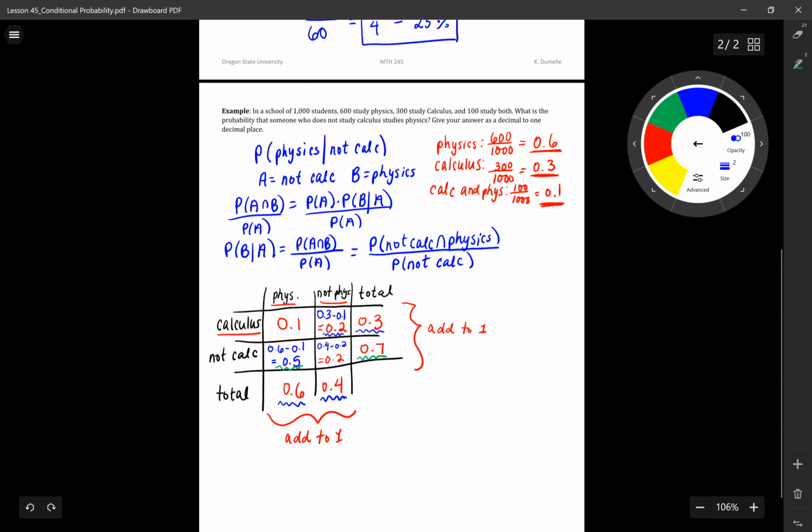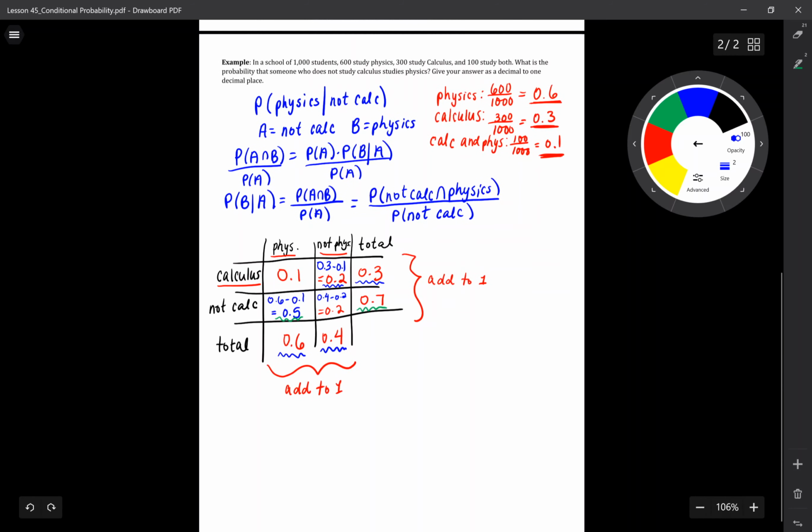All right, now we are ready to fill in our equation. Remember, we want the probability of physics given not calculus. And we said that our formula for this was the probability of not calculus and physics divided by the probability of not calculus. So what is the probability of a student taking not calculus and physics?